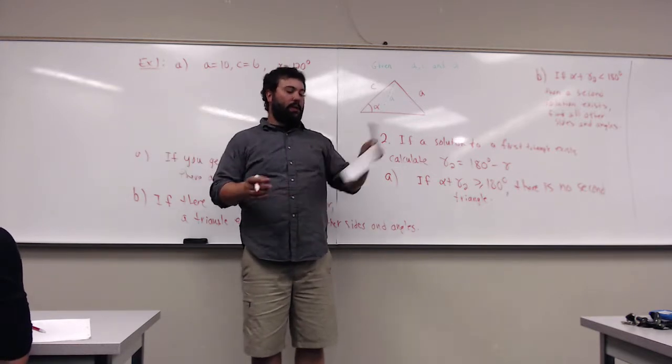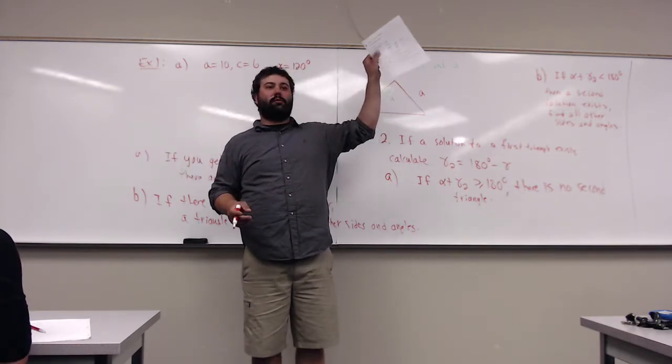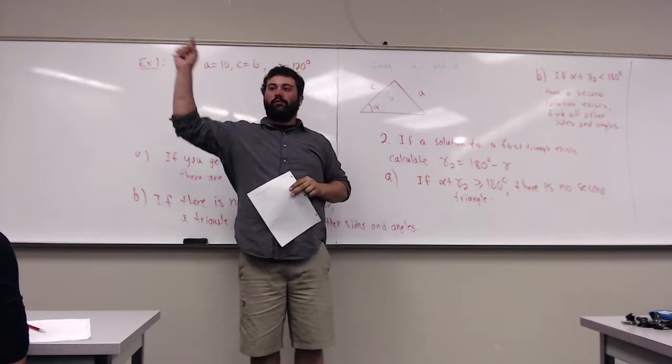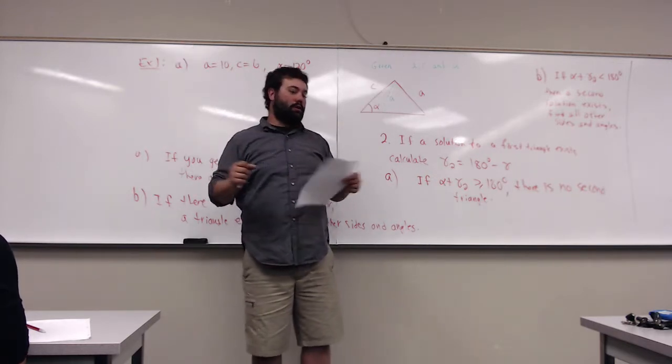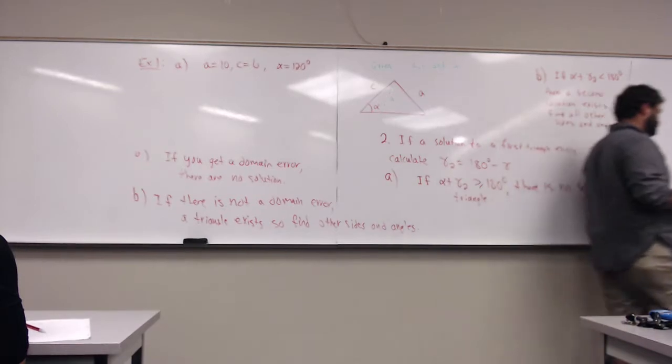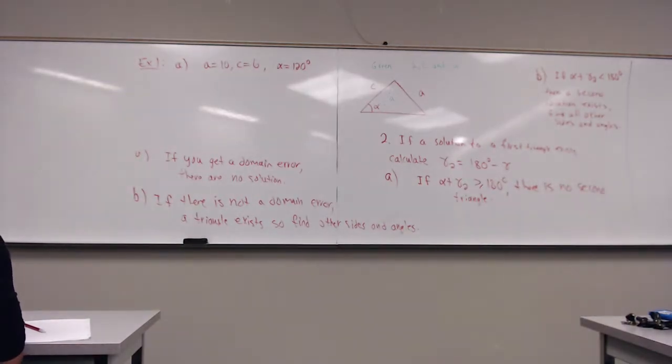So really step 2 of my box at the bottom wouldn't apply here. There's at most one triangle that's going to work here. So if you're doing side-side-angle and the given angle is obtuse, there's at most one possible triangle.